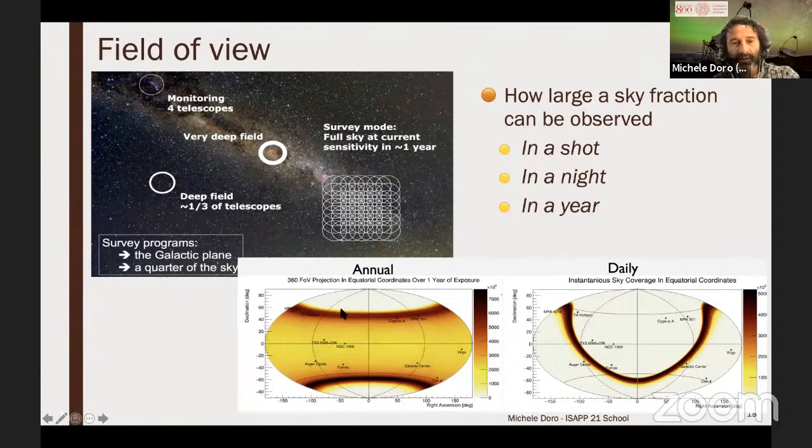This is for an instrument that is not discussed today. There is an instrument that is able to observe this part of the sky, okay? And this is its daily observation slot throughout the year. So it's a strip, but a very big one. Instruments like pointing telescopes have to observe different spots in the sky.